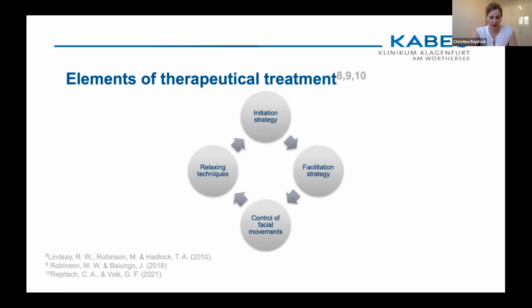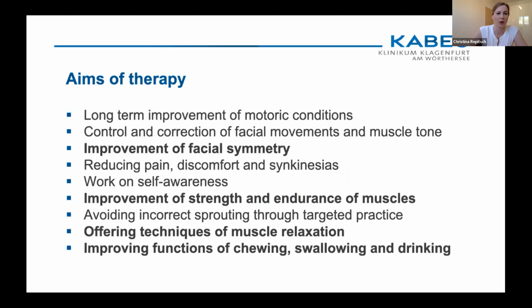So based on motor learning processes, we aim to regain motoric skills to improve the functional and physical issues. To achieve this, we focus our work around the following points. We want long-term improvement of motoric conditions. We want the control of the facial movements, and we also try to correct facial movements if they are wrong.